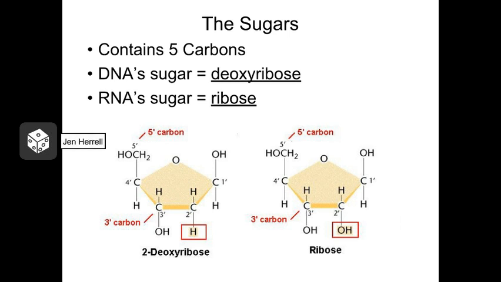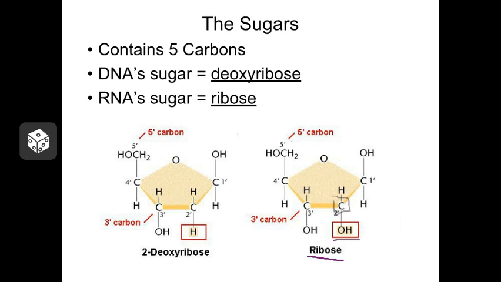Two kinds of sugars are found inside nucleotides, ribose and deoxyribose. Let's take a look at ribose first. This is the sugar that's found in the nucleotides of RNA. Now I told you that carbon number 2 determines which kind of a sugar this is. So let's see what's attached to carbon 2. You'll notice that in ribose, an OH, a hydroxyl group, is attached to carbon number 2.